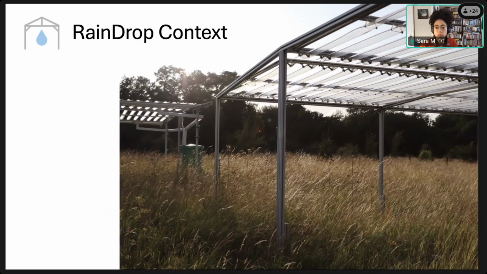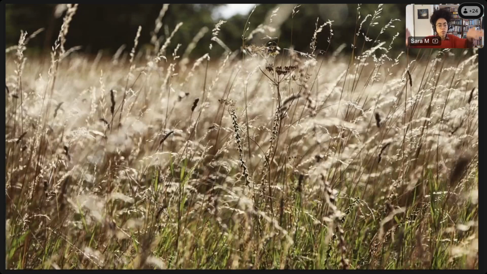So in terms of the RainDrop context, as I said before, it's at Wytham Woods, just outside the centre of Oxford. Thinking back, why was RainDrop set up? If we're thinking about grasslands in general, especially in the UK, we've lost 97% of our wildflower meadows since the 1930s.